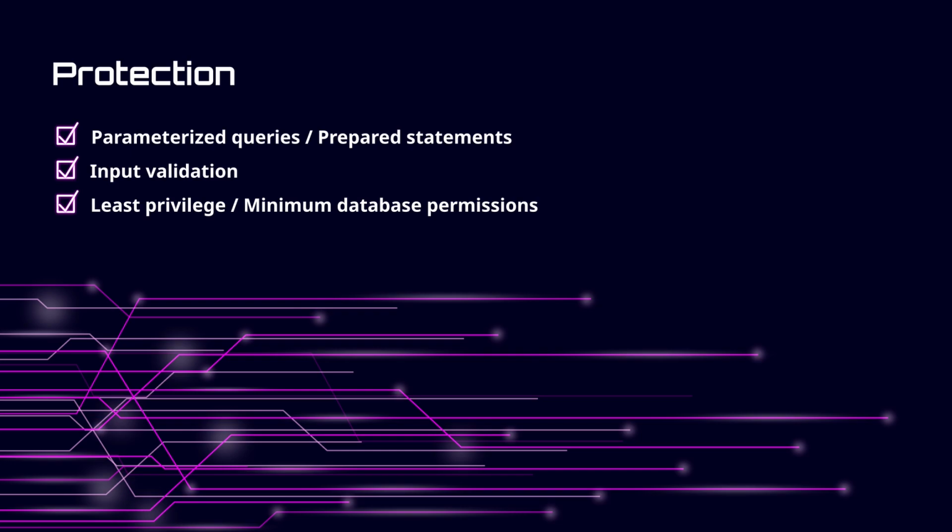Another important layer of defense is least privilege. This means the database account used by the website should only have the permissions it actually needs. For example, if the website only needs to read data, it should not have permission to delete tables or modify the structure of the database. The main idea is simple: user input must be treated as data, not as SQL code.